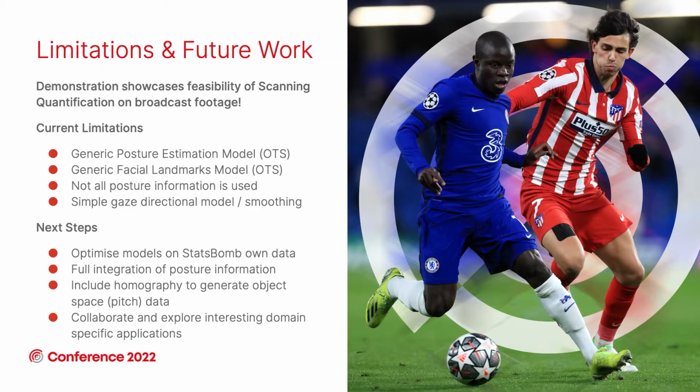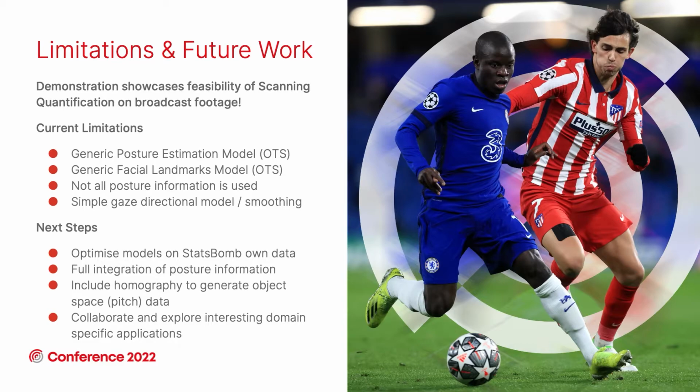Obviously, there's a lot of work to be done, but we wanted to share this with you, kind of work in progress, if you like. We have used off-the-shelf, for example, posture estimation models. We can do a lot more using our own data. We are really, really fortunate to work with our colleagues and friends in Cairo who collect a lot of data for us. Some of them are sitting here.